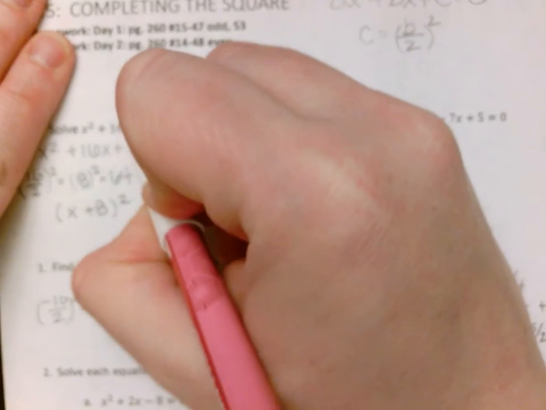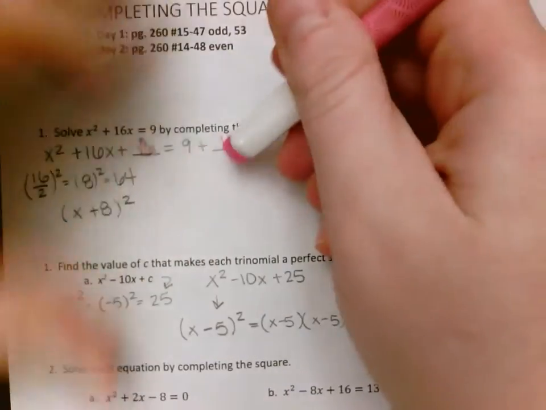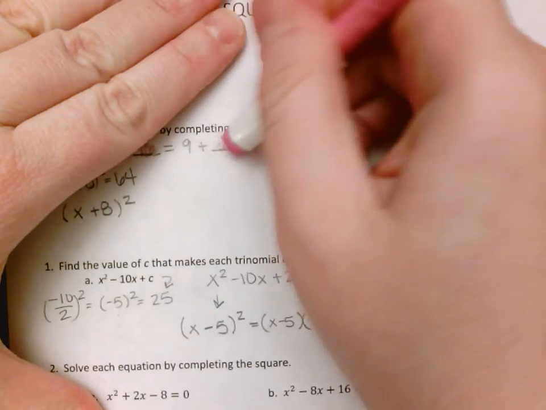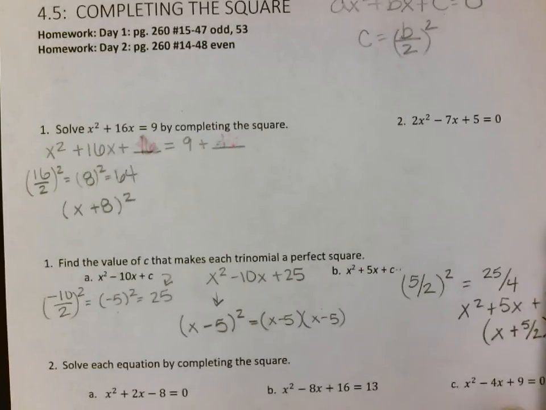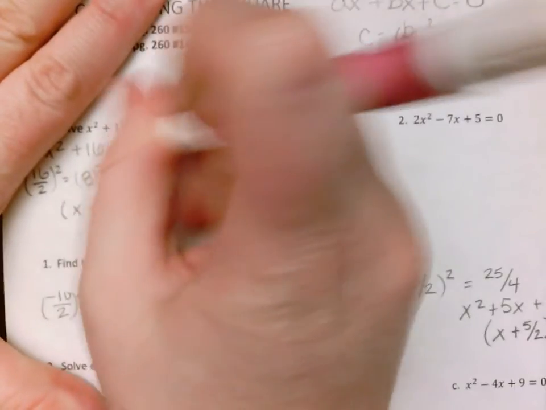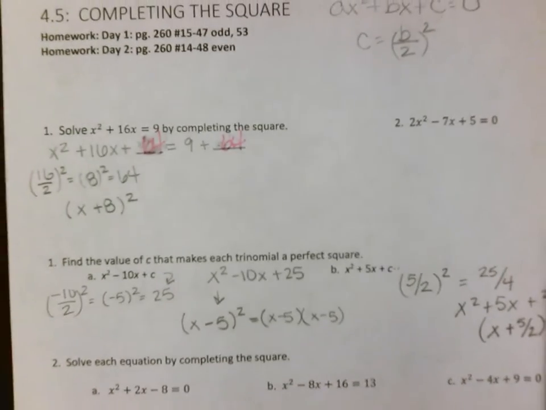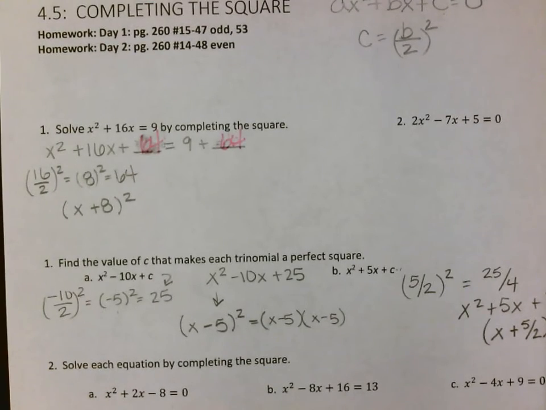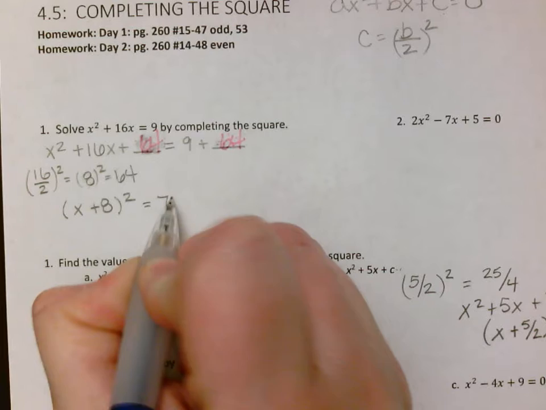I don't know why it's not erasing. Let's see if I can fix this. 64 and 64. Sorry, the computer's automatically trying to transition there. So now 9 plus 64 is equal to 73.